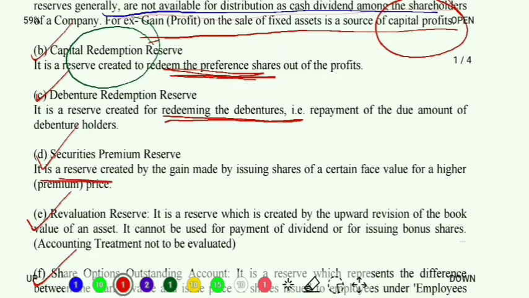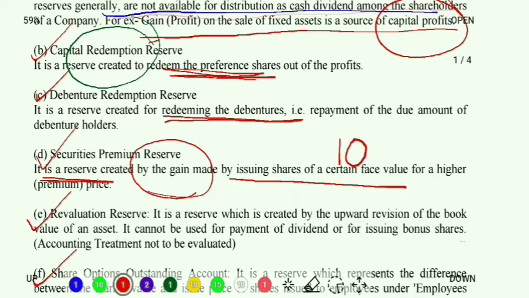It is a reserve which is created by, how is it created? By the gain made, by the profit made, issuing the shares of a certain face value, that is 10, for a higher premium price, that is 12. Now whatever is my difference, 12 minus 10, 2 rupees, that 2 rupees will keep on accumulating and it will create the securities premium reserve.